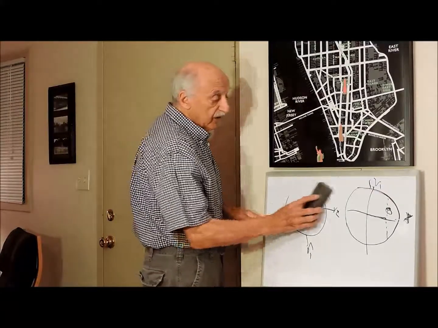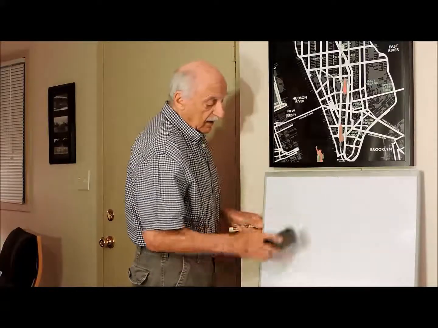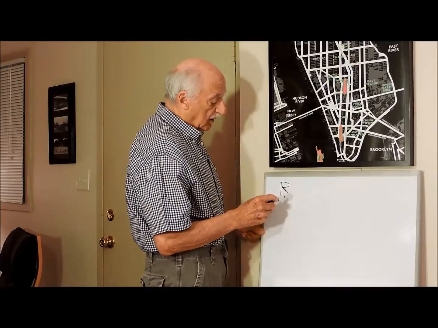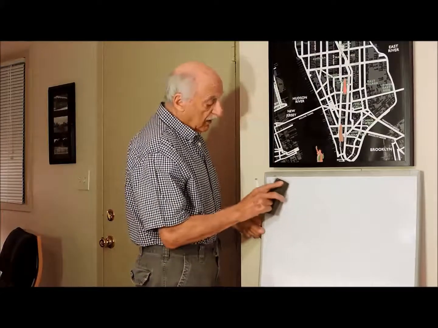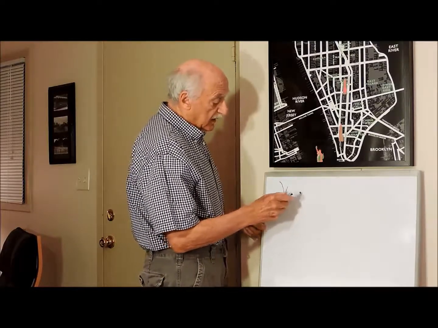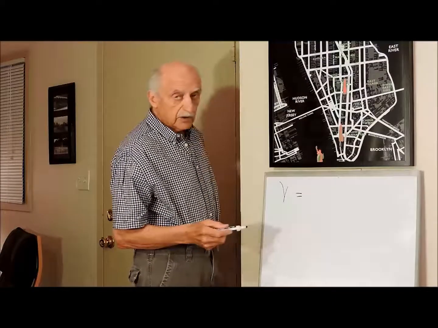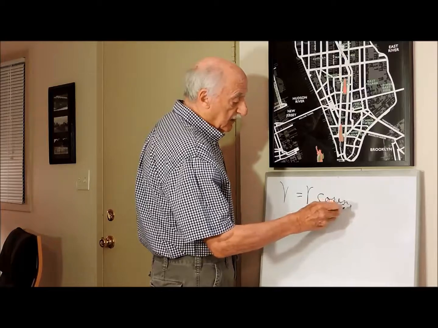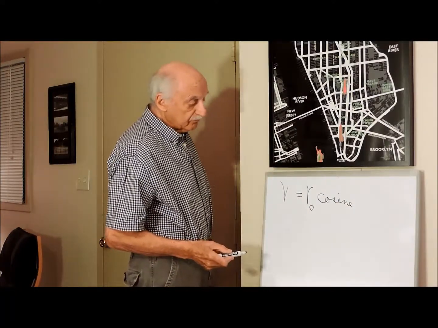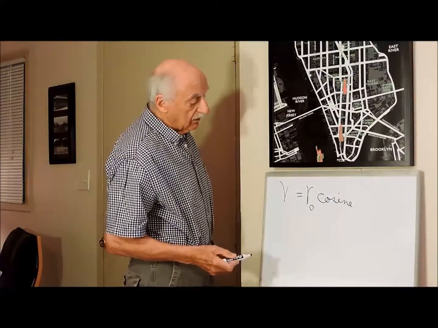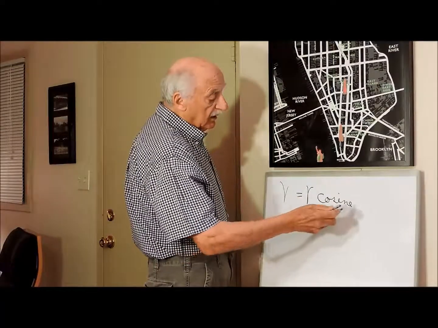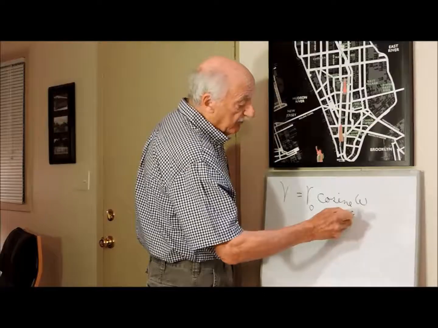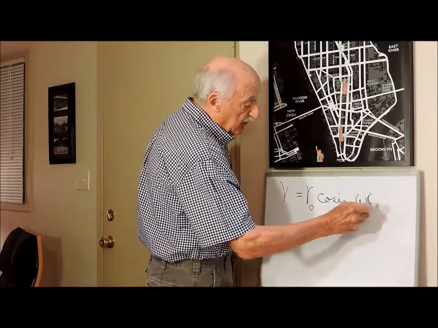Now the solution for the equations to describe that movement is as follows: the distance in any one of the space dimensions is equal to the maximum dimension, which is r, times the cosine of w times time.